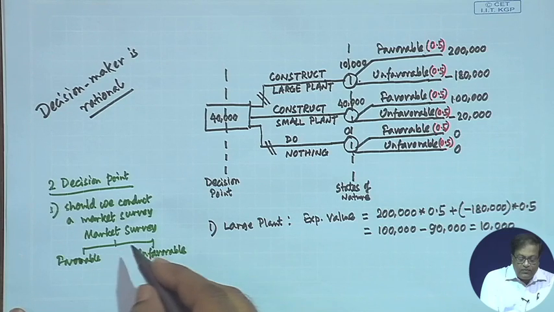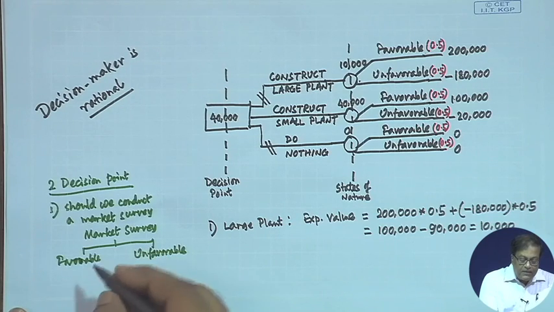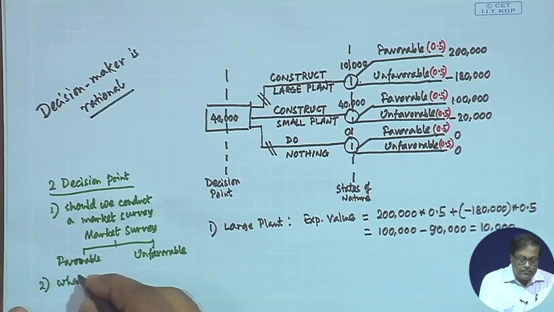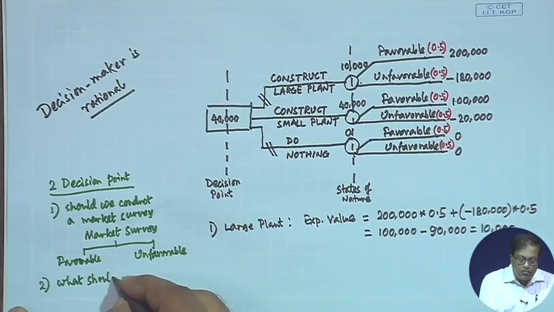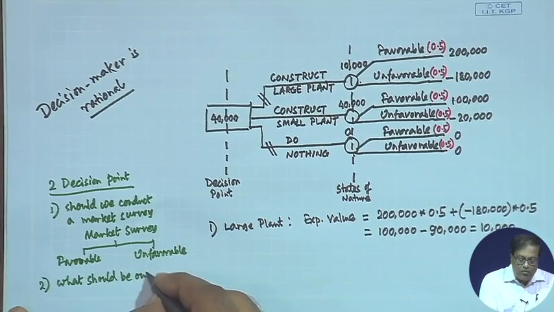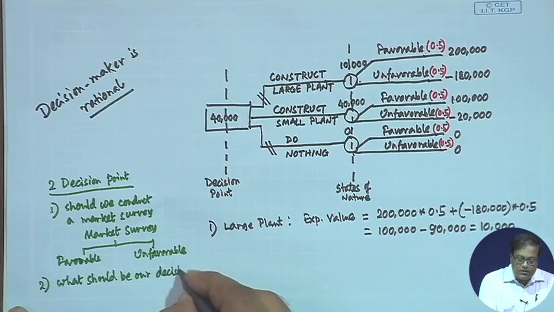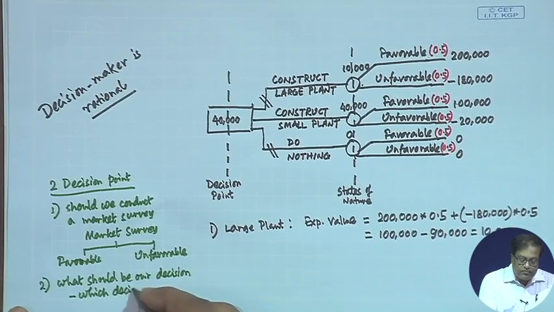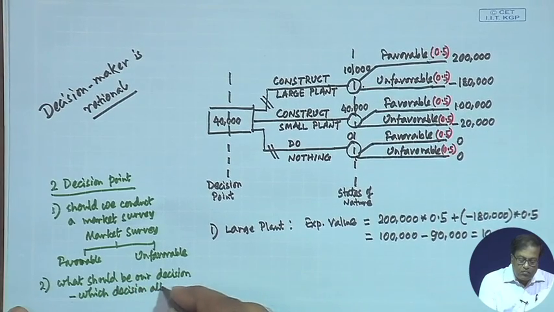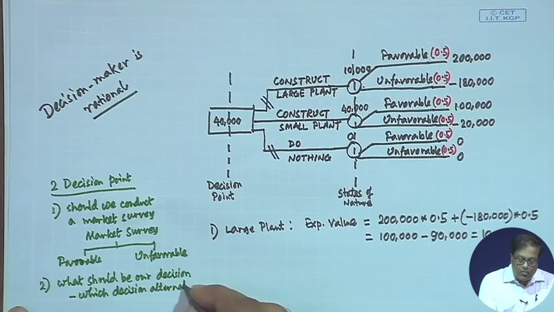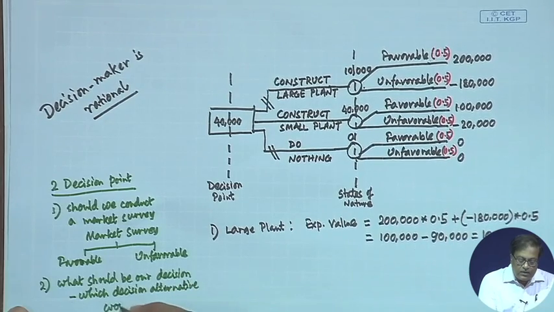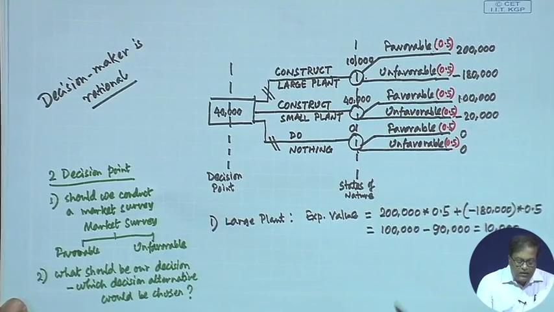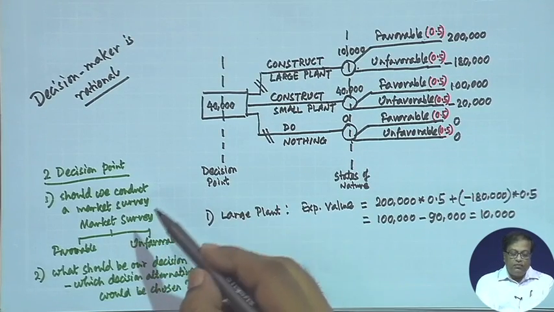If the market survey prediction is favorable, then the second decision point is which decision alternative would be chosen. Basically the problem becomes like this.